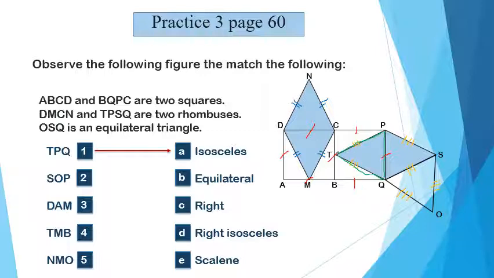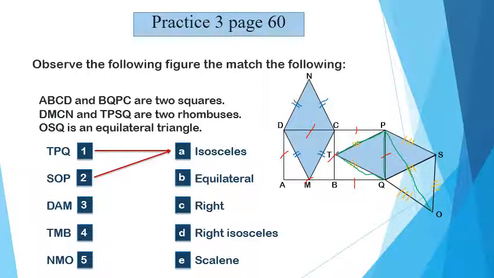SOP, this triangle, if I join P to O, well, I don't have any information about PO, but I have information about PS and SO. They are equal to each other, so it has 2 equal sides, and I'm talking about an isosceles triangle.